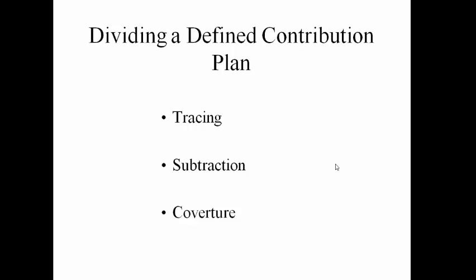And if we don't want to go through the mathematical situation involved in tracing, we can use what we call the pro rata method in coverture, which prorates how long the couple were married and divides that over the time the individual participant spouse was in the plan. Let me give you an example of these three methods in the next slide.